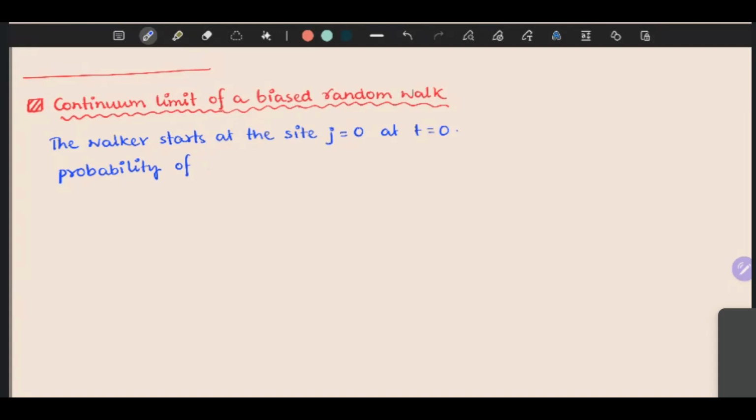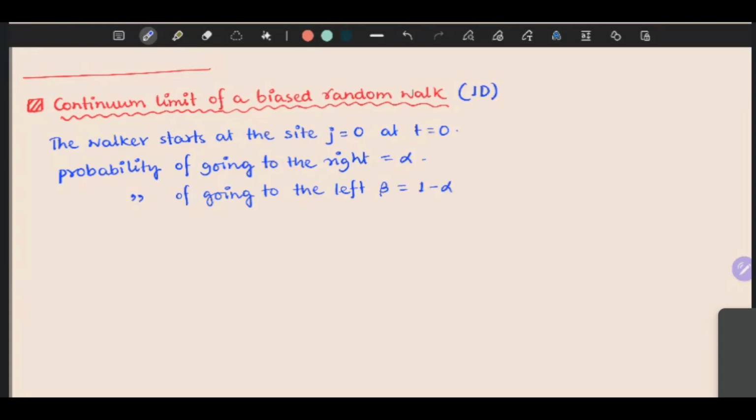So far, everything will be in 1D for simplicity. The probability of going to the right is alpha, and the probability of going to the left is beta, equal to 1 minus alpha.